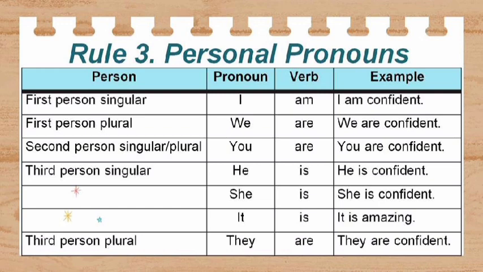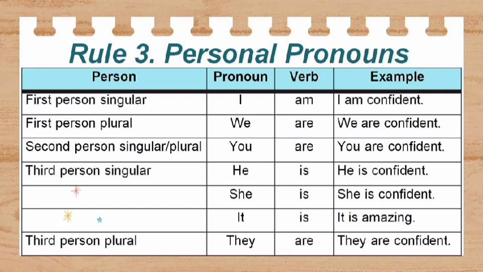And after the first singular and plural and second singular and plural, we also have third person singular. The pronoun is he, she, or it. The verb is is. For example, he is confident, she is confident, it is amazing, or it is awesome.